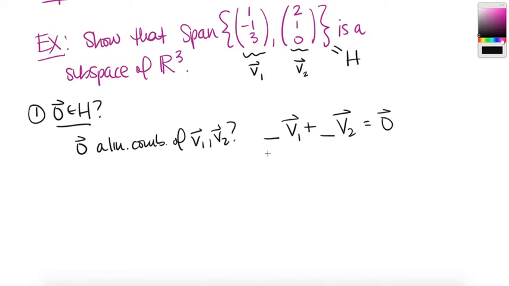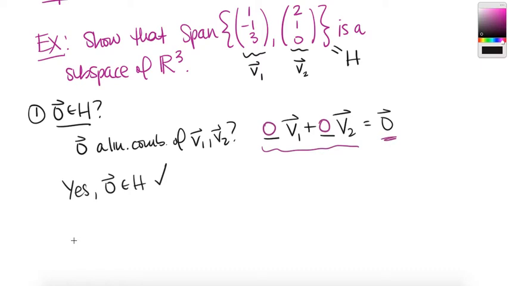How can I fill in those scalars to make that a true statement? Scale them both by 0. That's right. Now we've taken the 0 vector and written it as a linear combination of our two vectors. So yes, the 0 vector is in H.